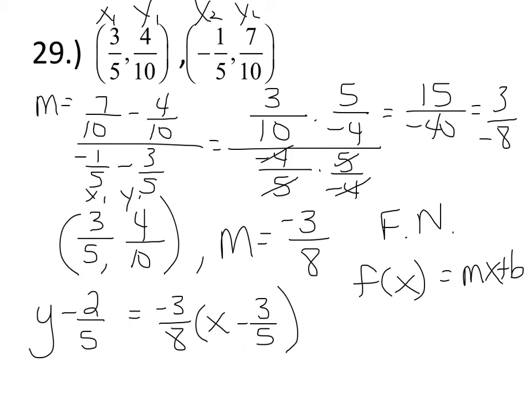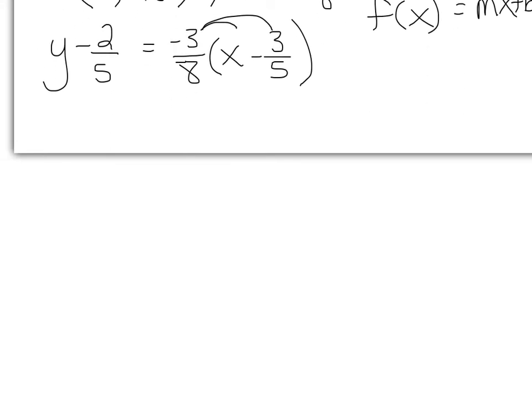And that way we'll have common denominators. All right. Good times. Okay, so let's go ahead and distribute. We want it in function notation, right? So we're going to distribute this. So we have y minus 2/5.